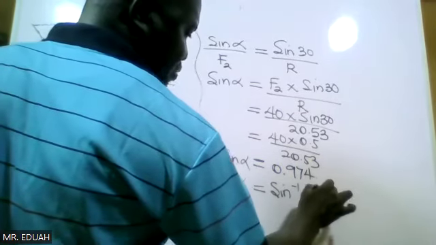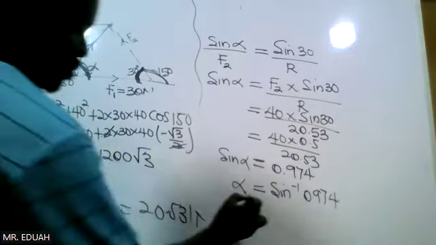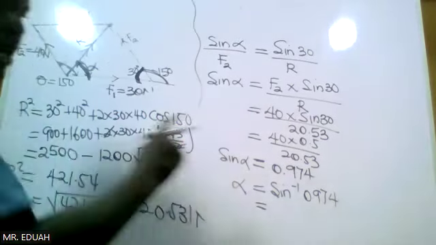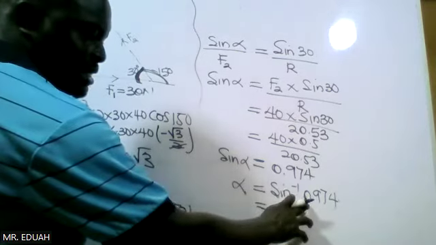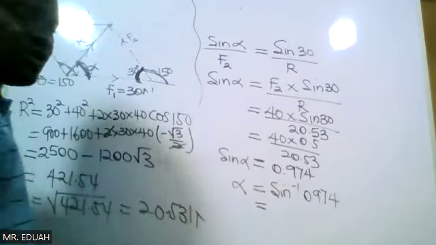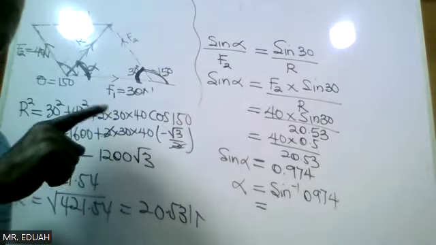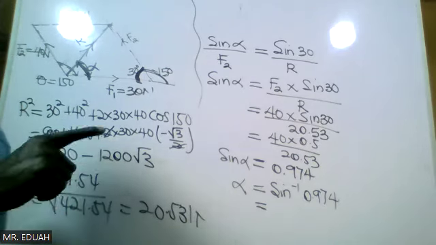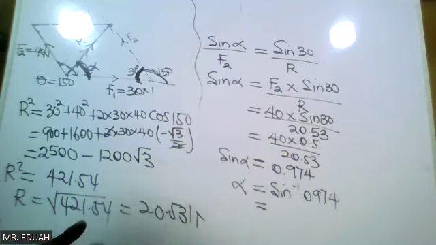It must be an angle close to 90, because sine 90 is 1 and this is close to 1. Please press shift sine. 76.906.